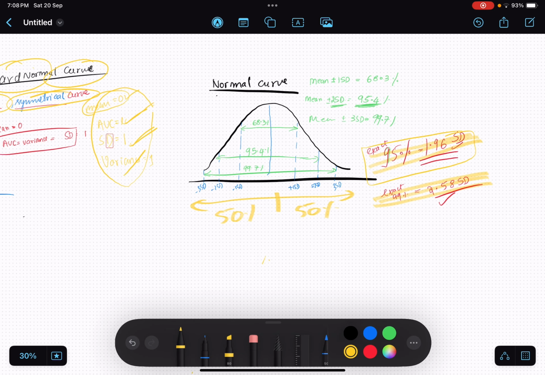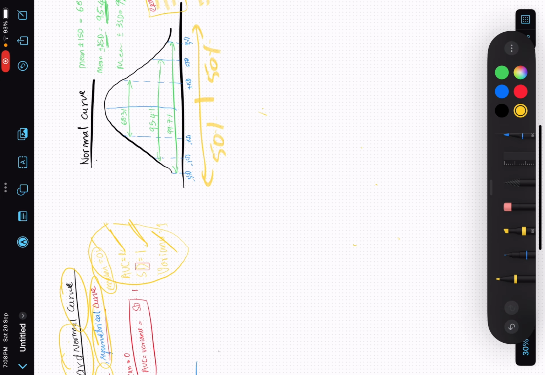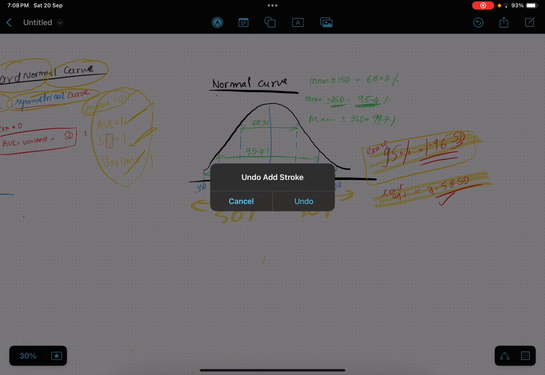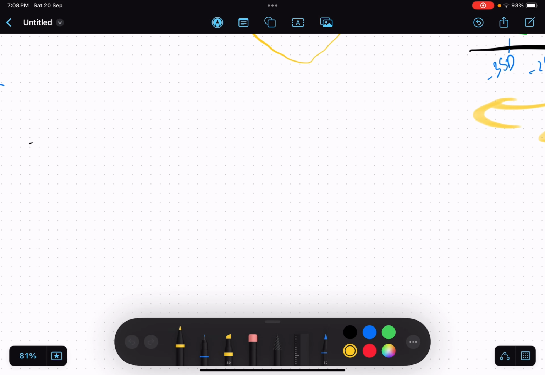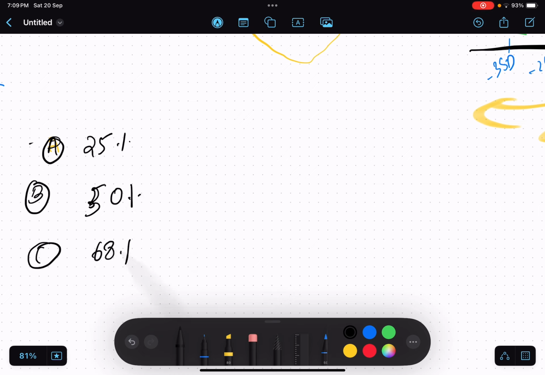I will give you a question for an easy understanding. Now I will give you a question with the following options. Option A is 25%, option B is 50%, option C is 68%, option D is 95%.